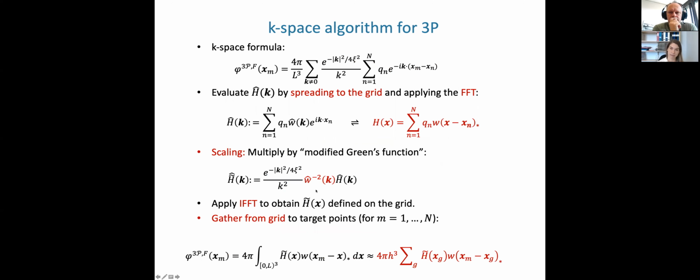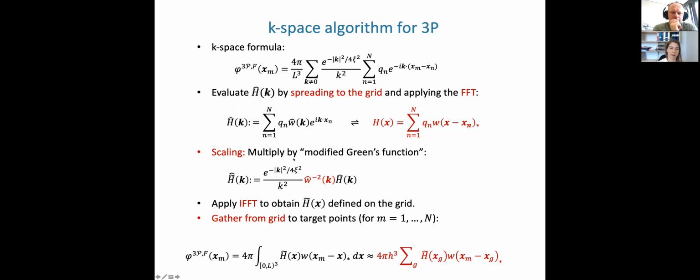So now I'm basically doing the same thing again, just showing you some formulas. We start with the k-space formula. What we're going to do is apply, we spread to the grid using W, which is our window function. And then we take the FFT, and then essentially we've gotten the quantity to the left, the h hat k. That includes the quantities that are up here, but it has an extra W hat k.